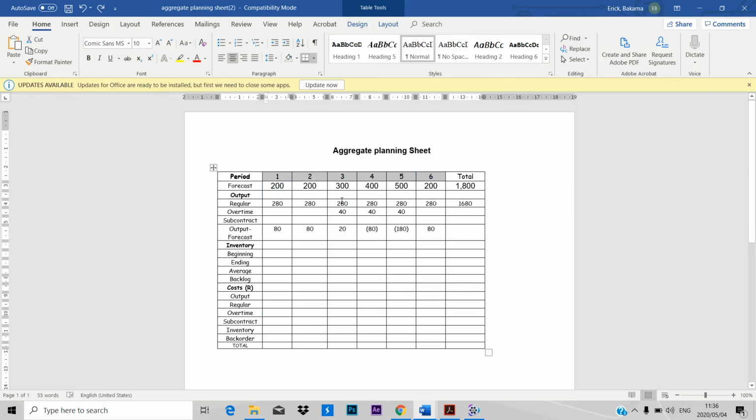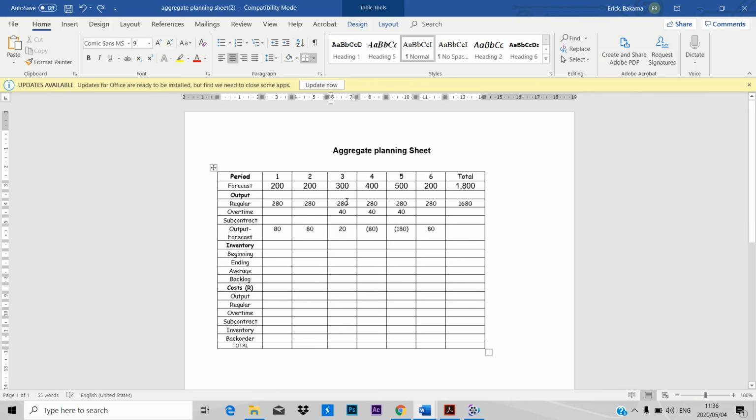This will be that in the first period we have a total of 40, but we can't use all the 40. We will use only the number that is equal to what the customer asks. If the customer is asking for 300, here we have 280. Because we only have a maximum of 40, we will use only how many of the 40 we need so that it will match our forecast and our regular output.